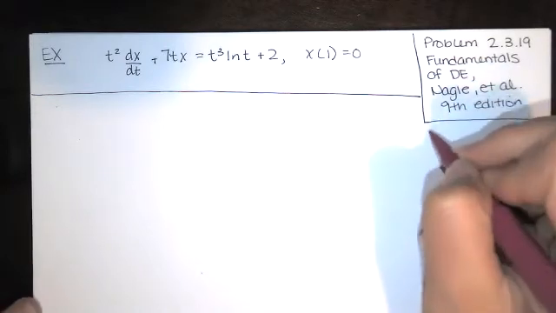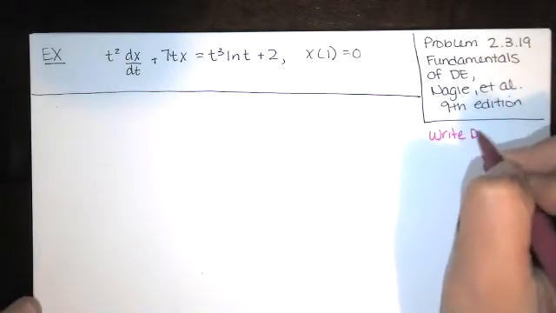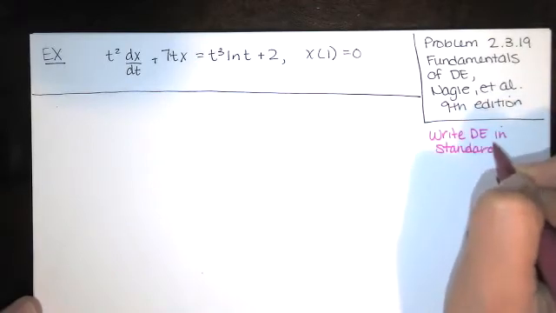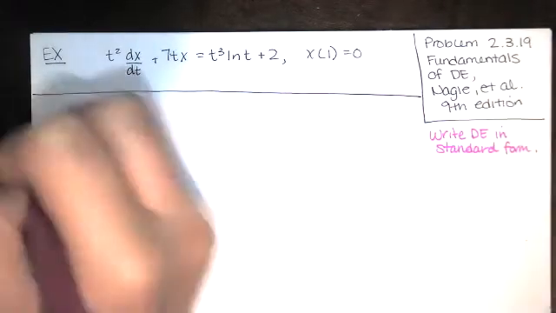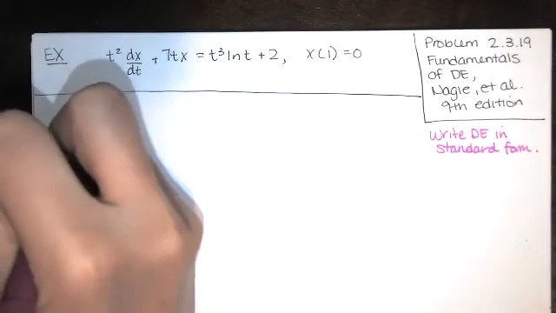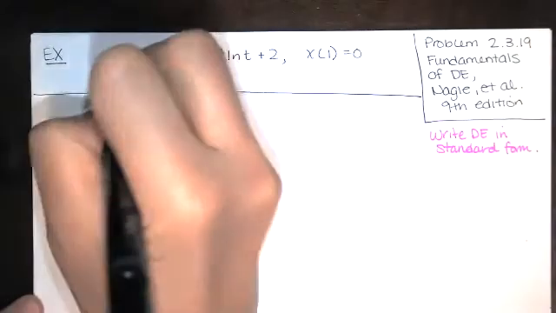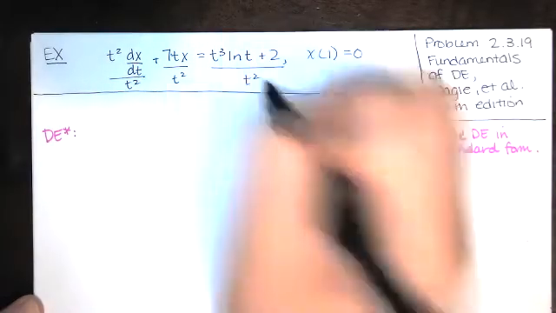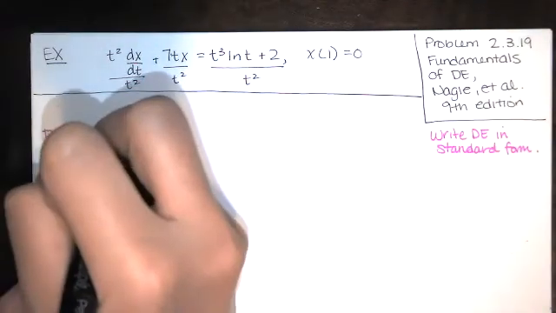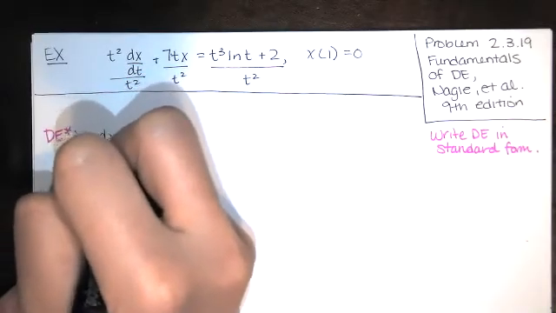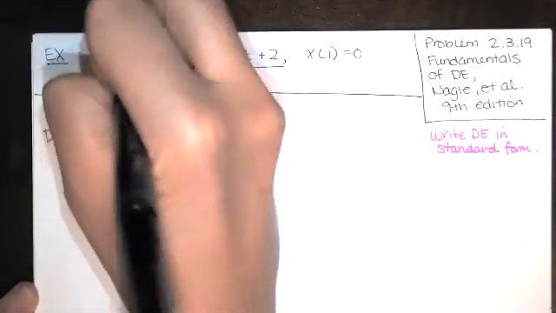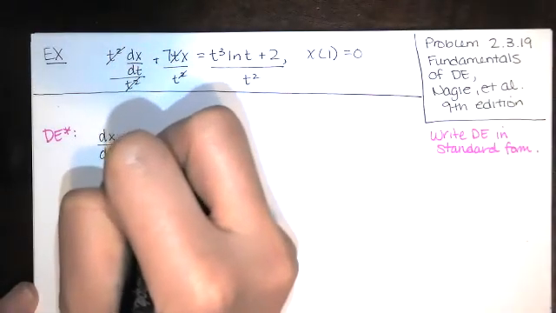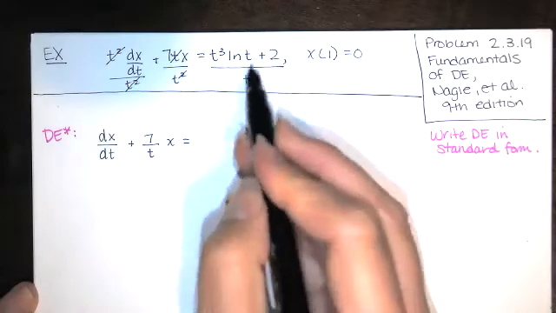First thing we want to do is write the differential equation in standard form. I'm going to call that dE star. So I'm taking this and dividing everything by t squared. So I've got dx/dt plus, over here, one of the t's will reduce, 7 over t times x equals this.